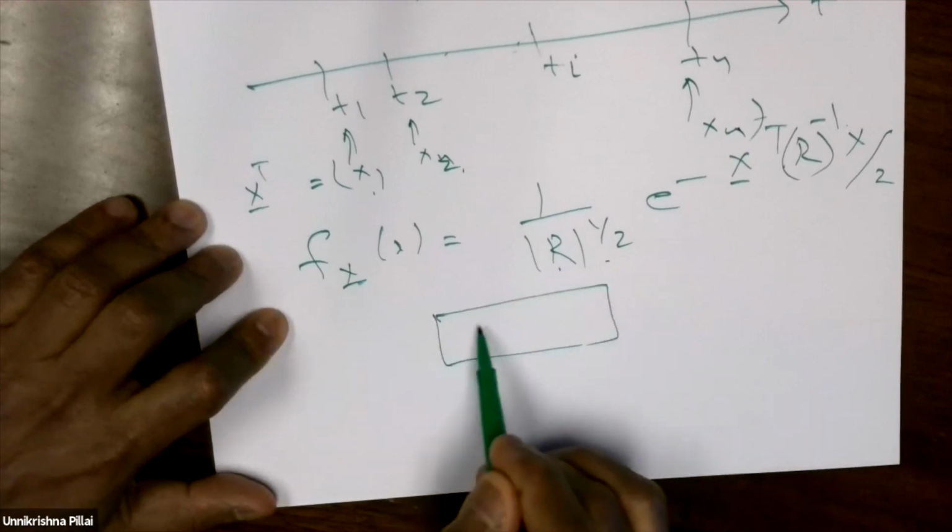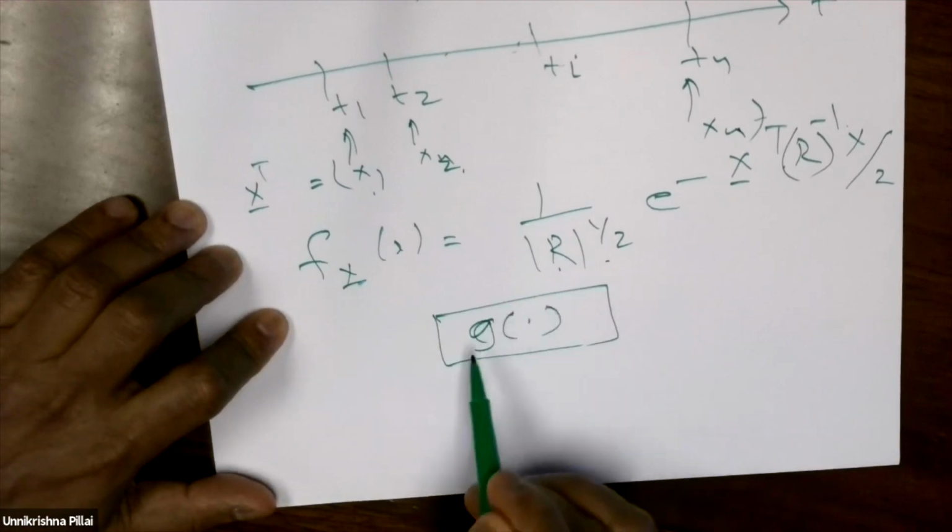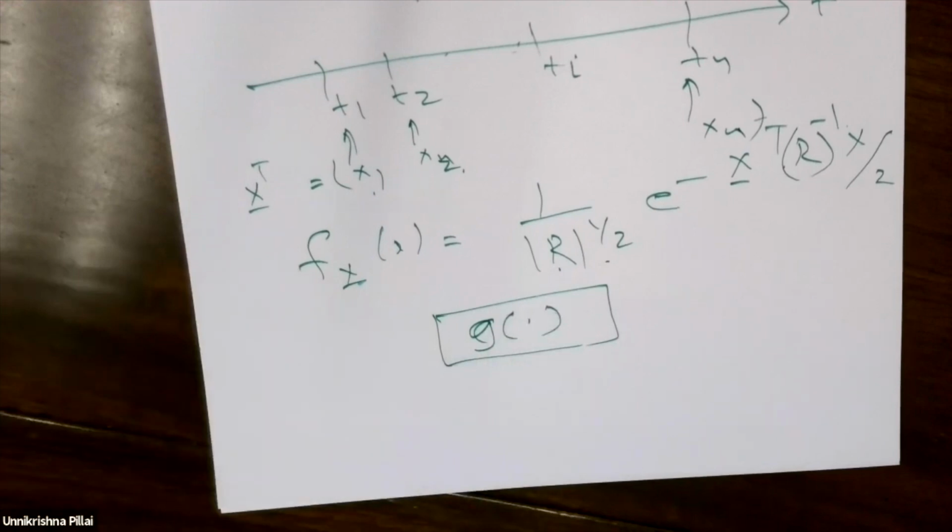So if X is Gaussian, what can you say about X squared? Gaussian or not? If X is a Gaussian random variable, not a process, is X squared Gaussian?